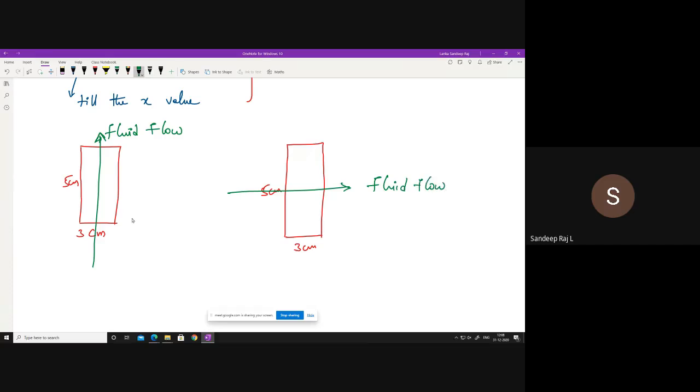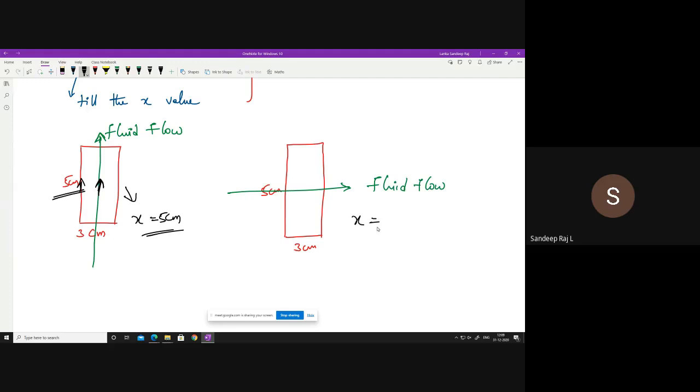So if this is the case, what you will do in this problem, you have to take x equal to 5 centimeters. Why? You have to take the dimension along which the flow is happening. So the parallel dimension to the flow will be taken simply. So it is 5 centimeters in this case.